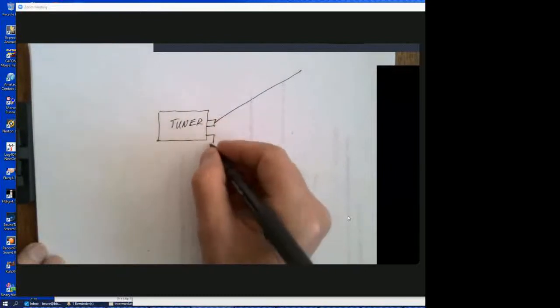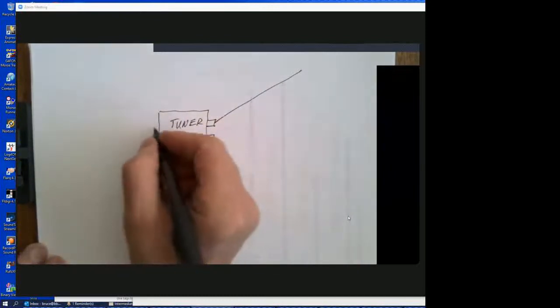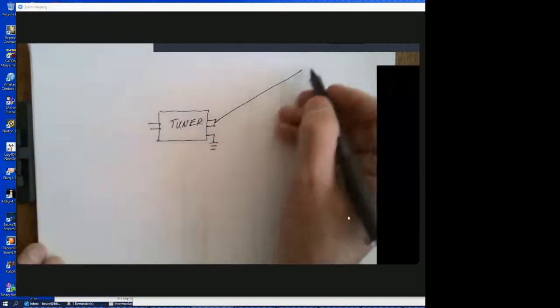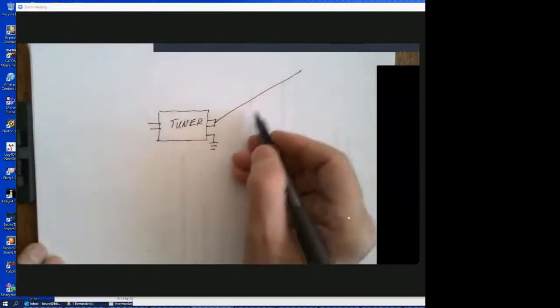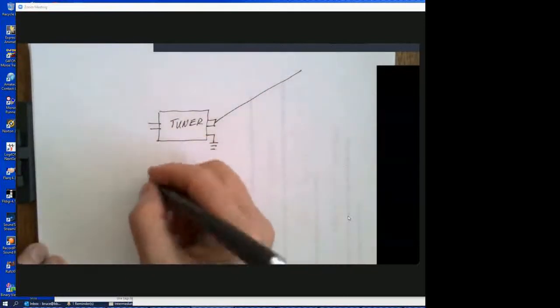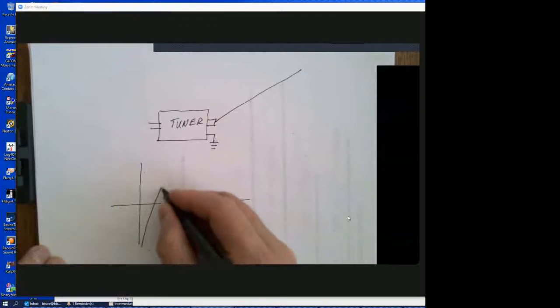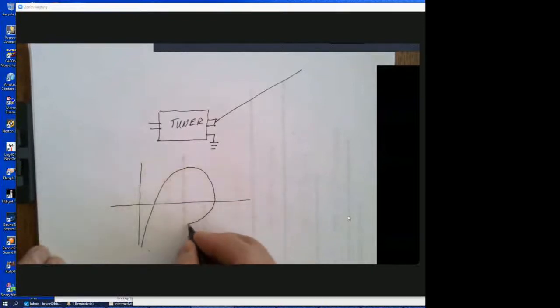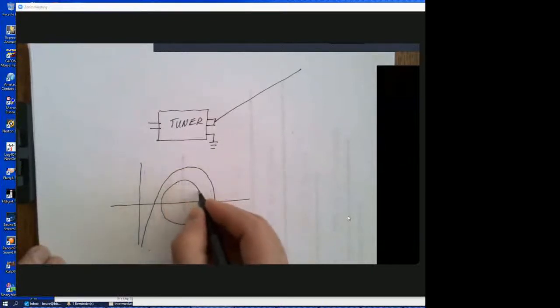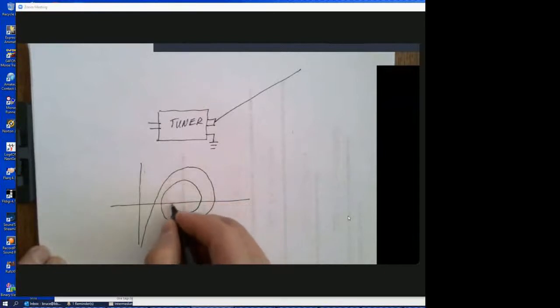Well, one, a good ground is important, but you should understand what this thing looks like at various frequencies. And it turns out you can look at it, and it has a very interesting diagram for its resistance. And I'm just going to do a few turns around here.